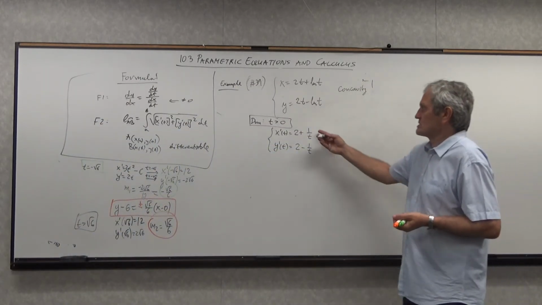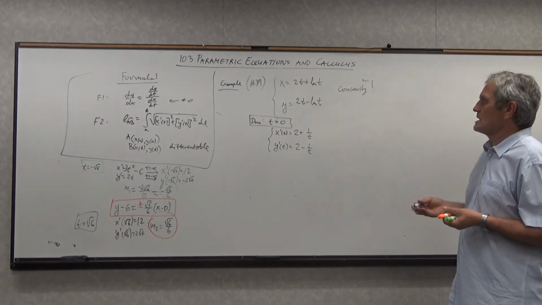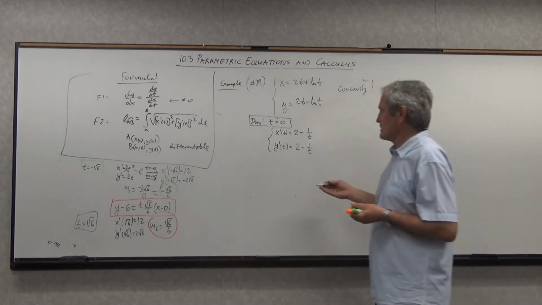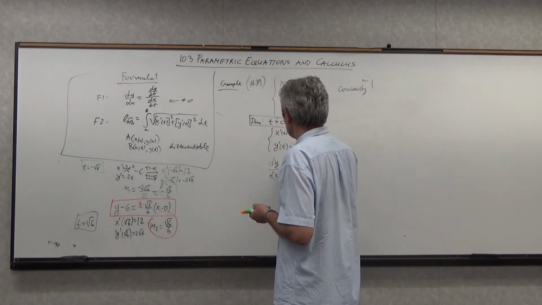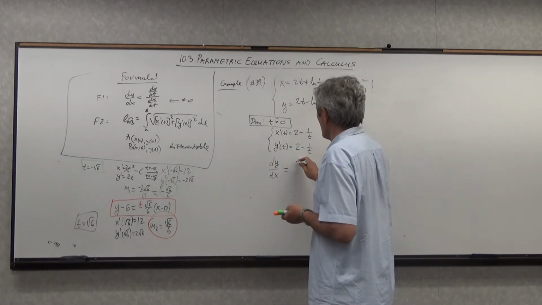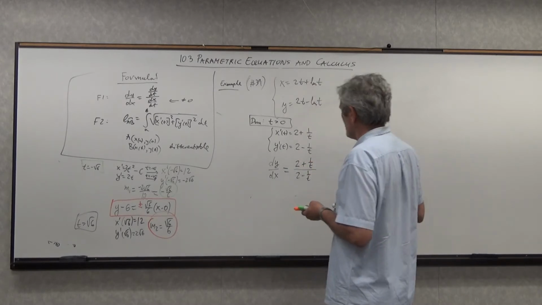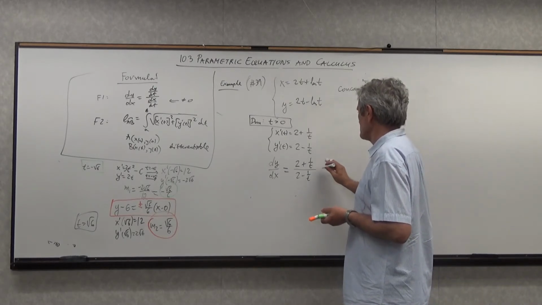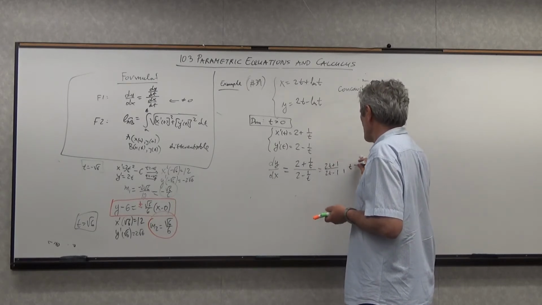So, yes, t is greater than 0, so I don't run into problems of non-differentiability. But there is one problem. I can say the following: dy over dx equals 2 plus 1 over t over 2 minus 1 over t, always where t... how can we write this, multiplied by t, 2t plus 1 over 2t minus 1.